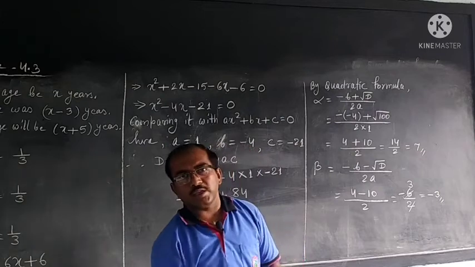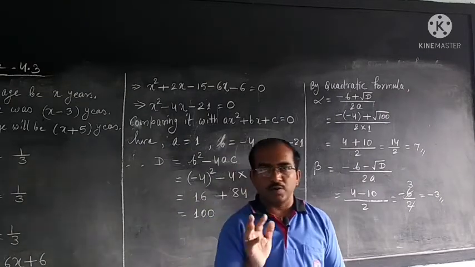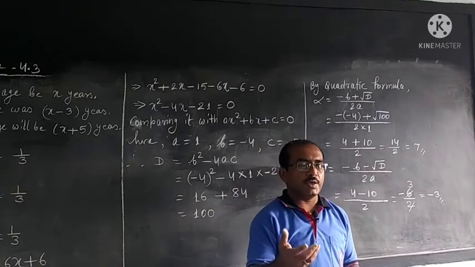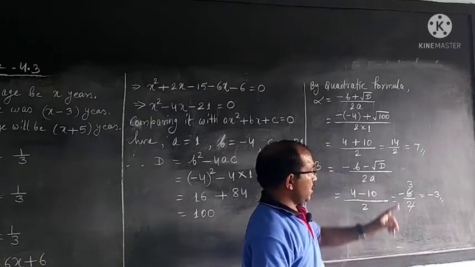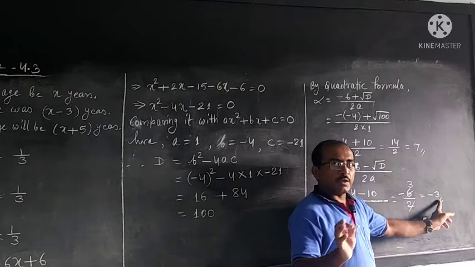Now, the question is related to what? The question is related to Rahman's age, and the age of a person cannot be negative, that is very practically we can think, how a person's age will be negative. That means, this root, this value we will neglect. Why?